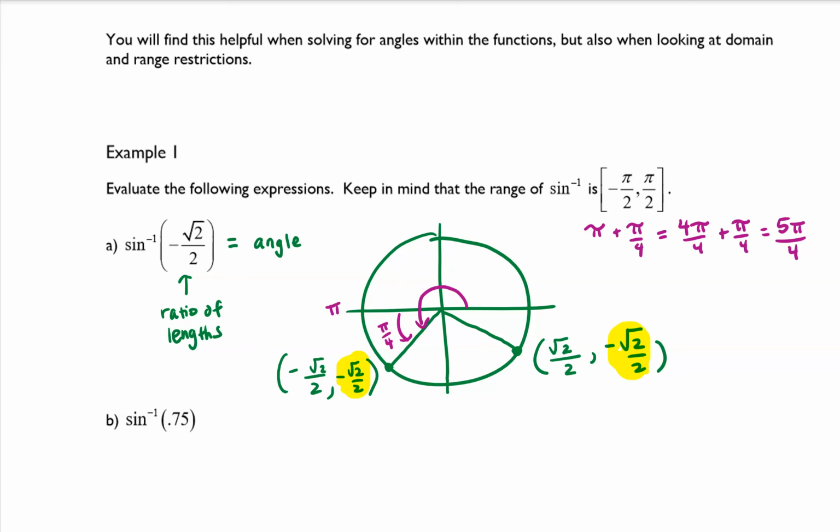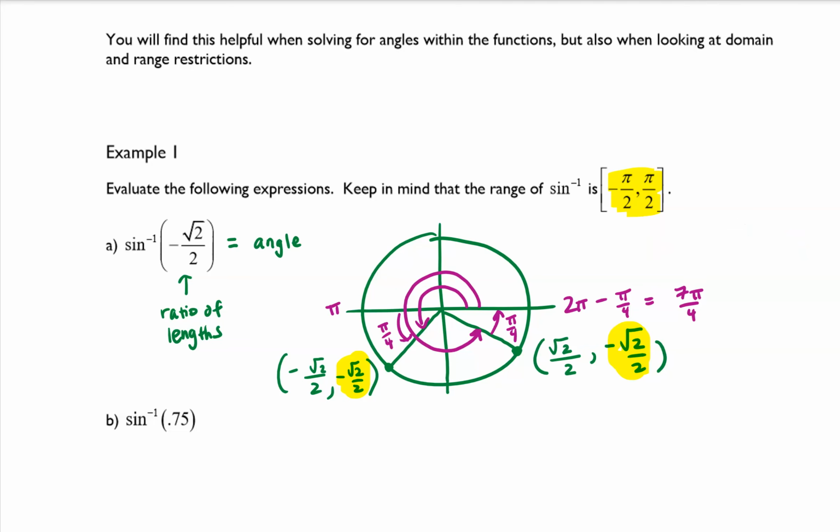And then the other location between 0 and 2 pi is here, which would equal, because if we did a full rotation, that would be 2 pi, and the reference angle here is pi over 4, so we would subtract pi over 4, and that would give us 7 pi over 4. But notice that neither of these angles are between -pi over 2 and pi over 2. And so neither of these angles are correct for our final answer.